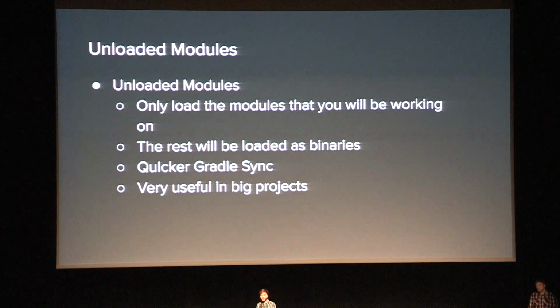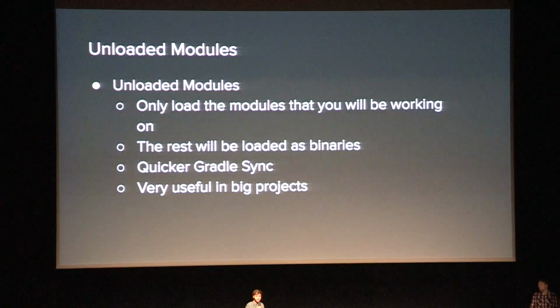And then the other modules that those depend on would be replaced by a binary representation, a jar with your sources and your classes. So you would still get, of course, highlighting and code completion, etc. And the other modules that have nothing to do with those would just not be loaded. Then sync would be much faster.